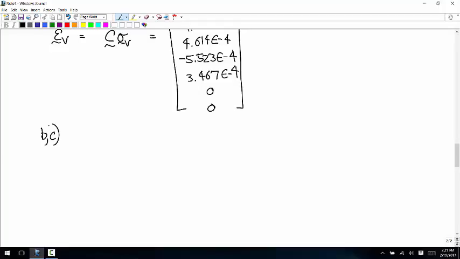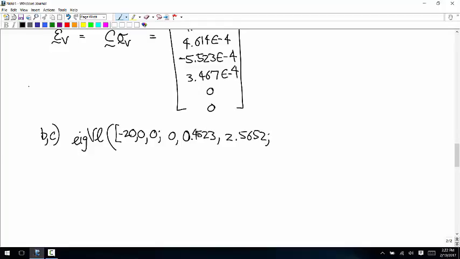So if you have a calculator or a computer that does it, you're just going to run some version of this program, eigenval, where the argument is just that original matrix: zero, 2.5652, and then negative 14.5477. And it gives you these values.